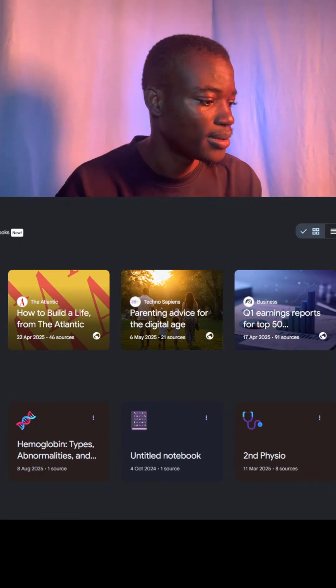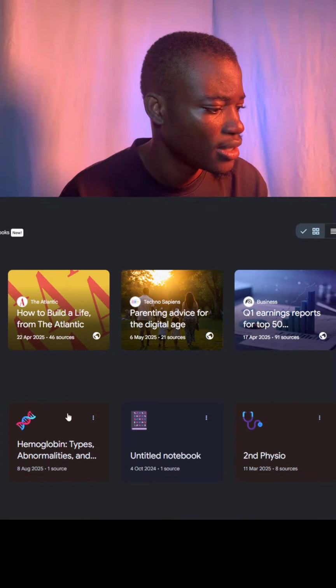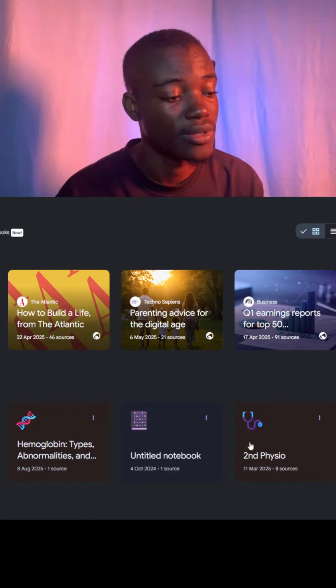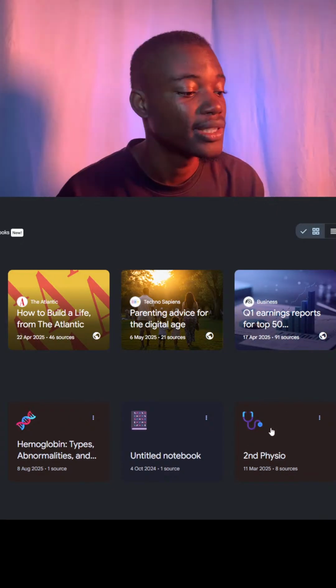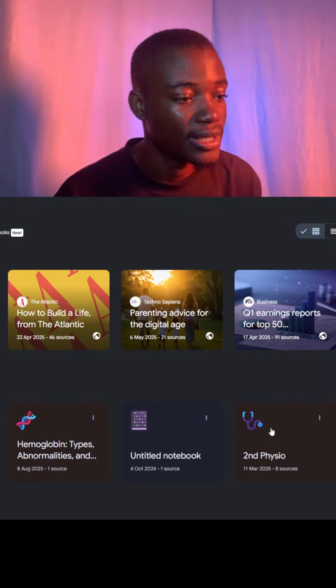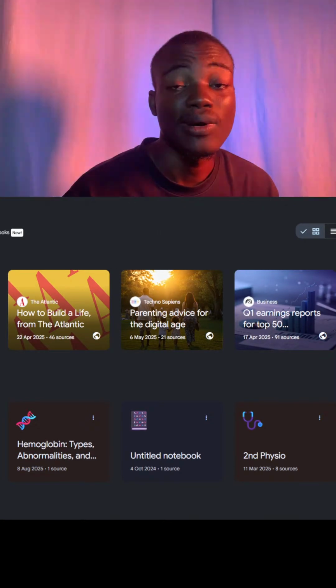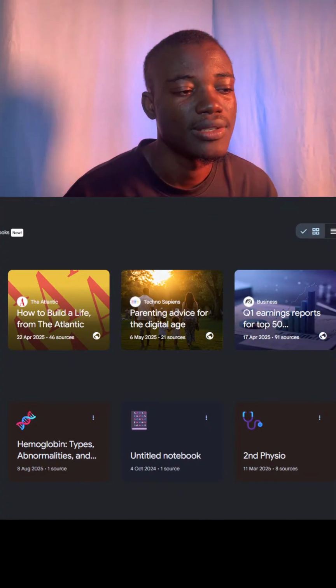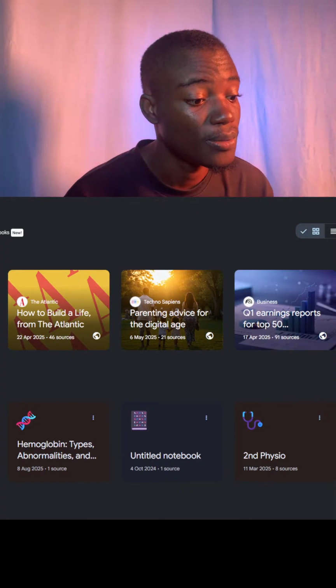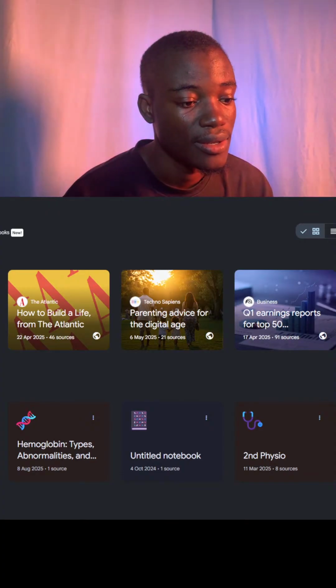Here you can see some of my recent notebooks: hemoglobin types. I have an untitled notebook. Second physio, which was an exam I took in March last year. It's quite free for the most part. I could almost do everything with a free account. That's how free it is.